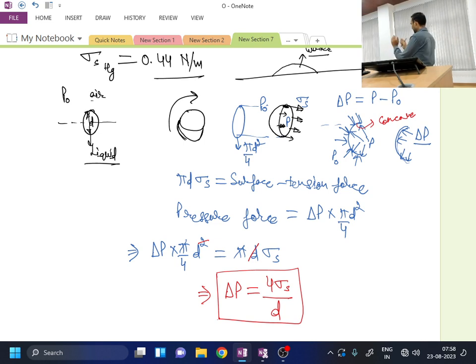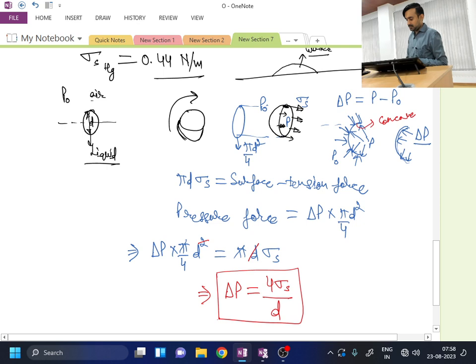This free surface has its concave side towards the inside of the drop. So delta P will be positive: surface tension sigma s is positive, diameter is also a positive quantity, and we have already considered delta P as P minus PO. As delta P is coming positive, it means P is greater than PO. So pressure on the concave side will be greater than the pressure on the other side.